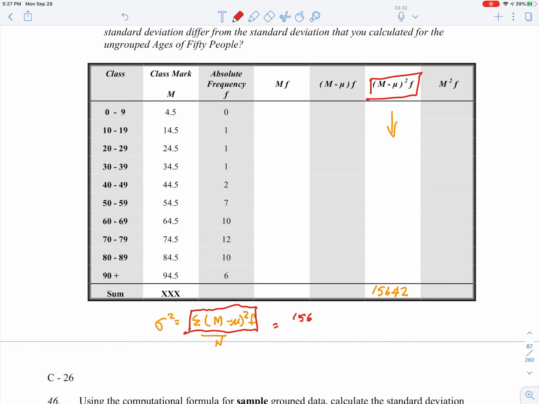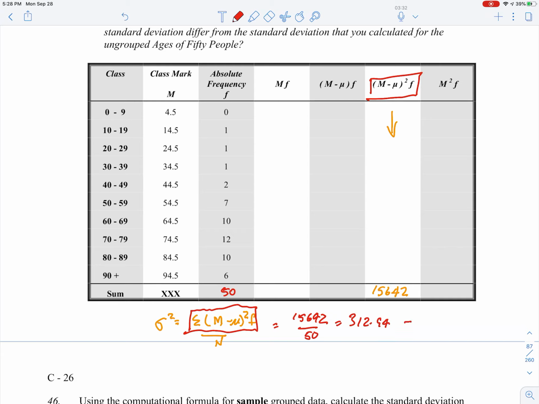So that comes to 15,642 divided through by 50. Remember, it's the sum of the frequencies, 50. It's not the number of classes, it's the sum of the frequencies. And that comes to 312.94.